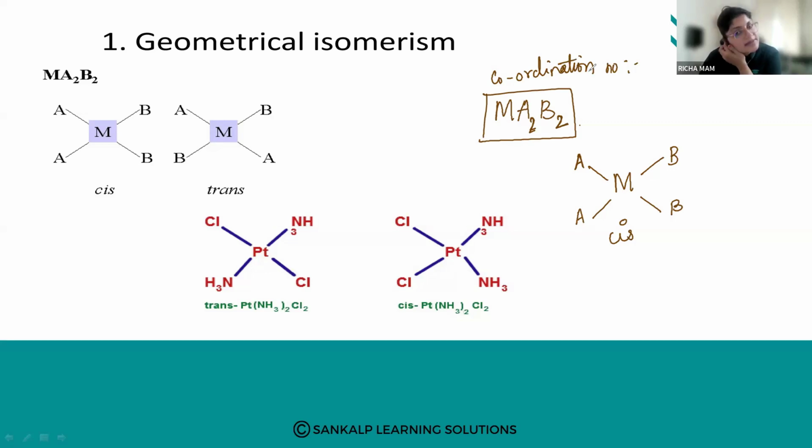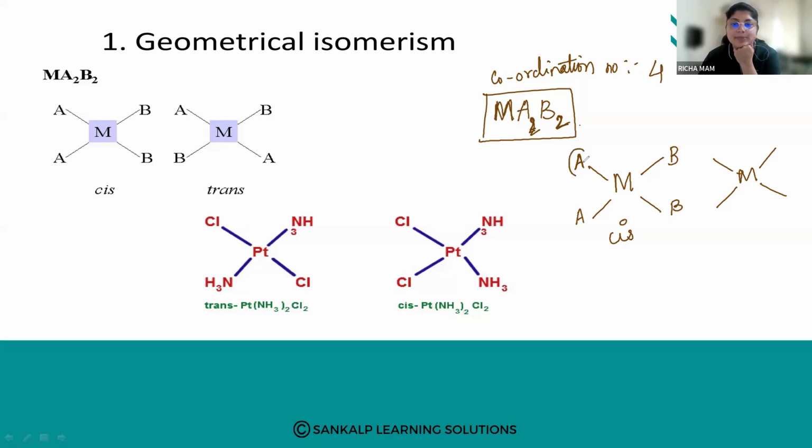Can anyone tell me the coordination number here? It is 4, right? Because the number of ligands is 2 plus 2, which is 4. This is the central metal atom, and we have 4 ligands.